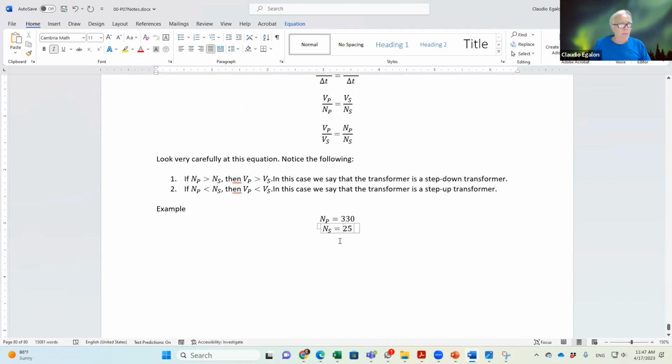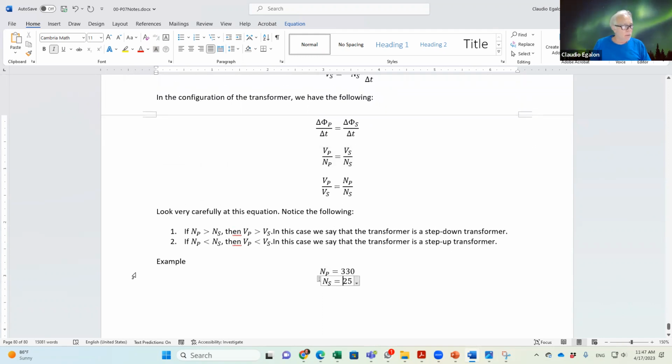Okay. Primary coil is just like your outlet. It's 120 volts. Okay. Find VS. Find VS. That's the problem I'm proposing to you. And by the way, it's example 14 in your book.